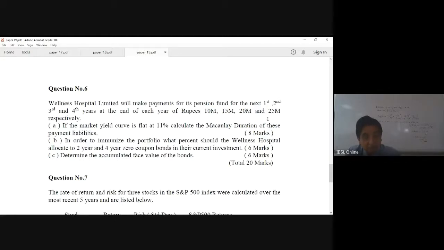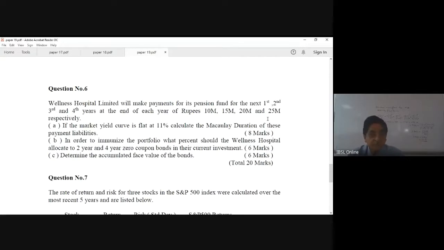Even for a liability or whatever assets, we can calculate the Macaulay duration by getting the cash flows calculated, then the present value of the cash flow multiplied with the time, and then dividing by the total value. That is how the duration is calculated. So I give you that task now. Can you calculate the duration for these values?